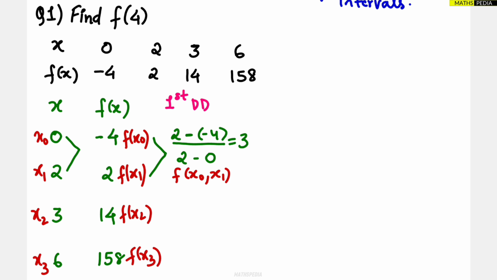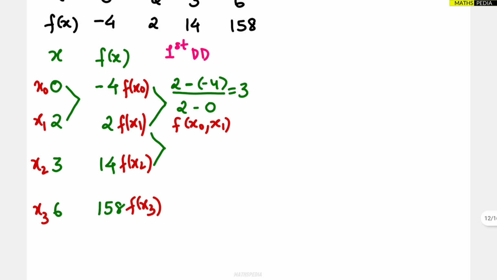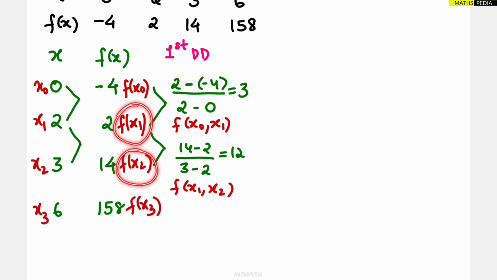Simple thing. Next we go for the difference between this and this. How much will it be? 14 minus 2 divided by, again the difference of these, 3 minus 2. How much will we get? 12. Here also the same thing. This will be f of x1 comma x2, because we are utilizing f of x1 and f of x2.